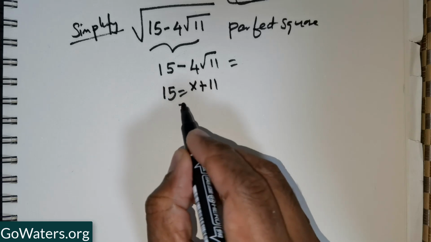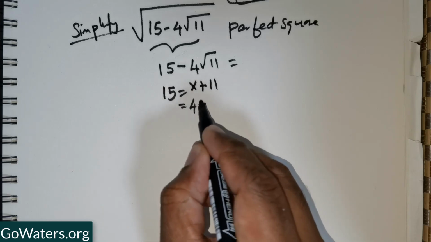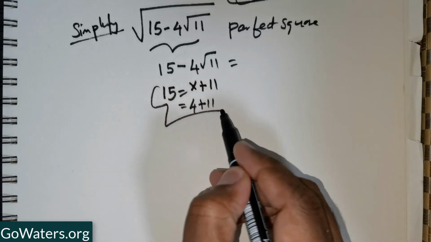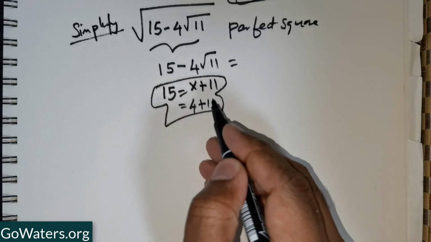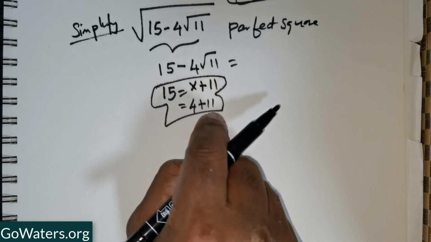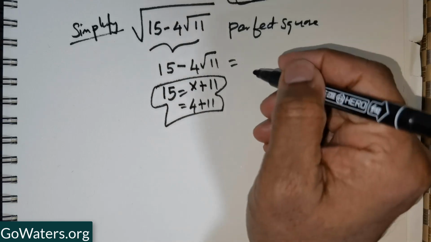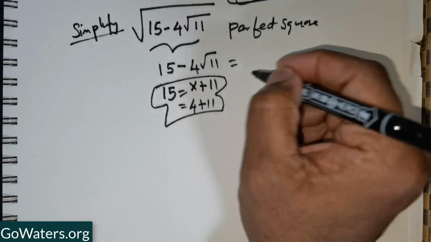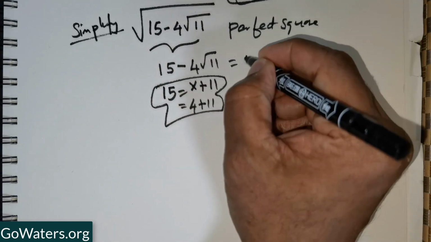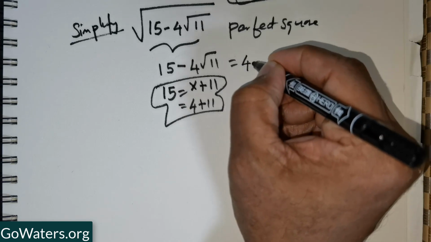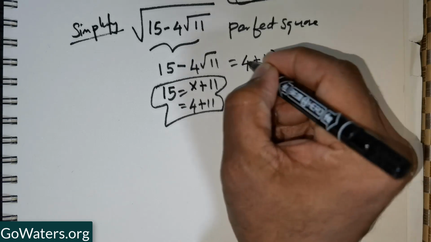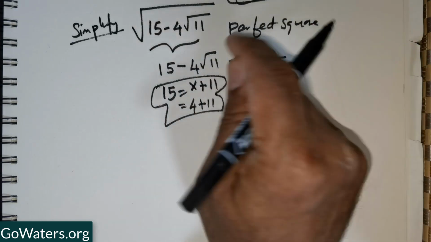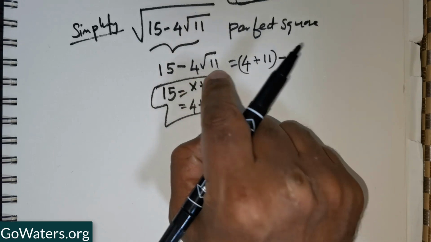So 15 can be rewritten as 4 plus 11. That's the best representation we have, which involves 11. So I'm going to write 15 as 4 plus 11. That's the first term, followed by 4 times root of 11.